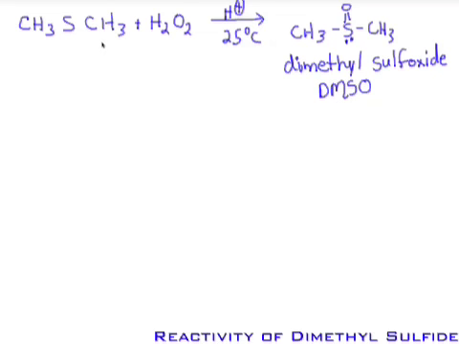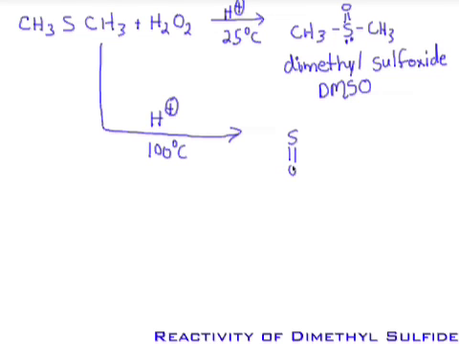If you carry out this reaction in H plus at 100 degrees Celsius, you'll produce the sulfones. So you have to be careful with regards to reaction conditions. Sulfur likes to get oxidized. You're not responsible for the name of this product, only its formation.